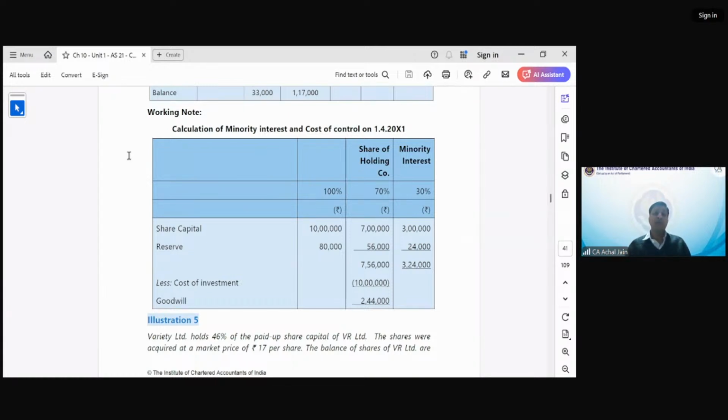So please remember, whether the question asks you for that or not, you need to calculate these amounts on the date of acquisition. On the date of acquisition, net assets of the company are given to you. It is 10 lakh and 80,000. So this is the amount of net assets total.